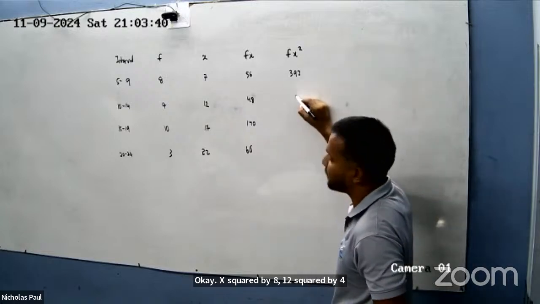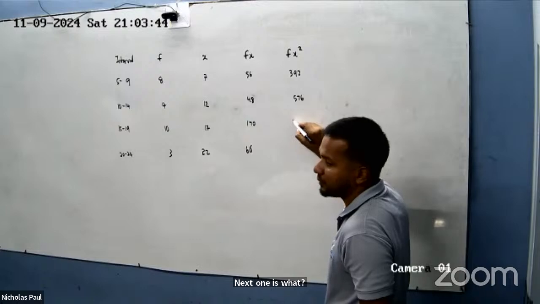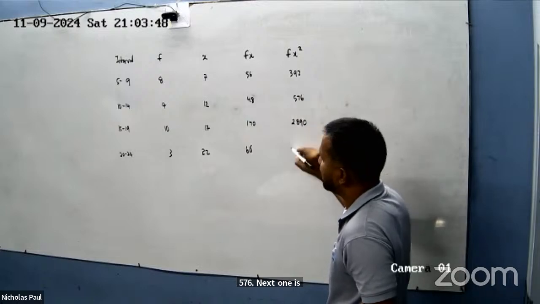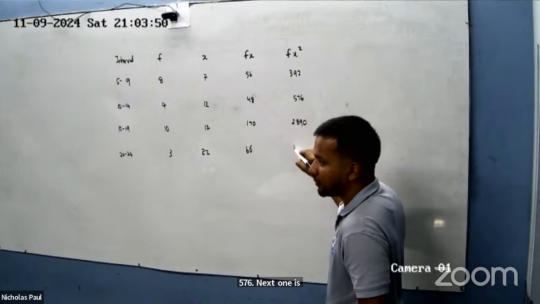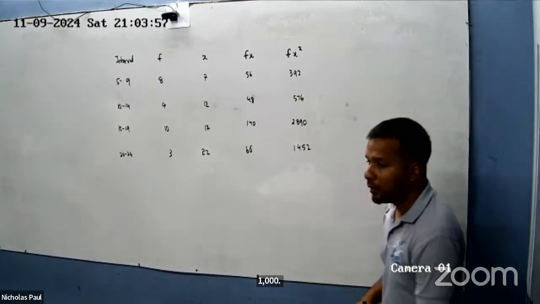Next one is what? 576. Next one is 2,890. Last one is 1,052. Nice. Good.